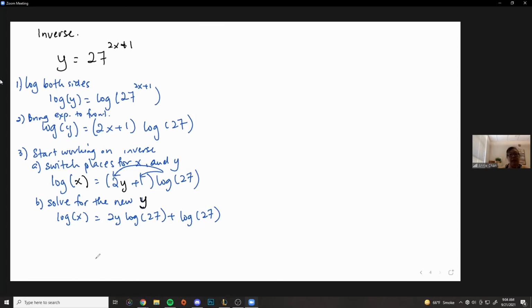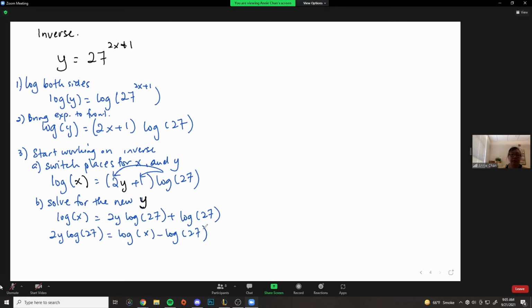Okay, so I'm going to minus log of 27 on both sides, but I'm going to flip the equation. Can I do that? Are you guys okay with this? Let me show you what I mean. I'm going to write it as 2y log of 27 equals to log of x minus log of 27. Are you guys okay with this? I just flip it.